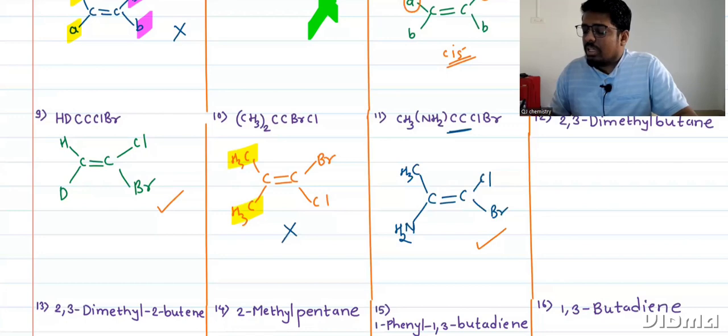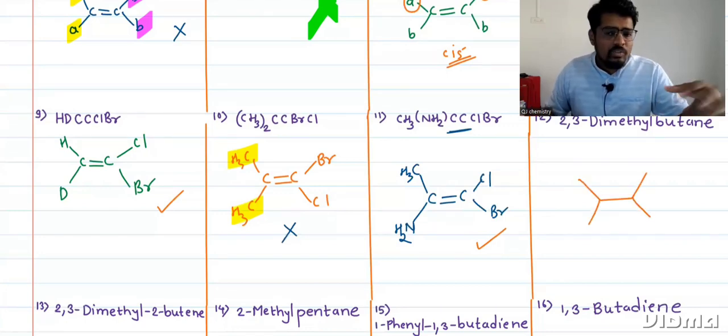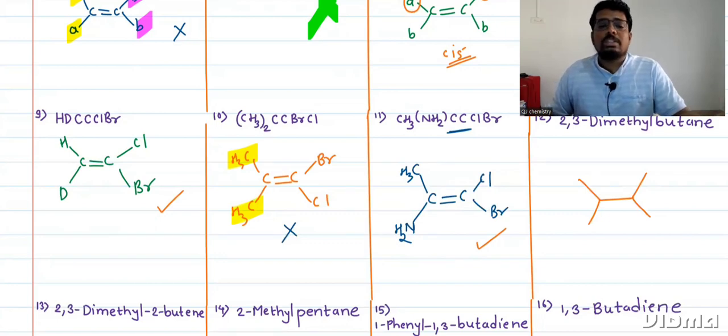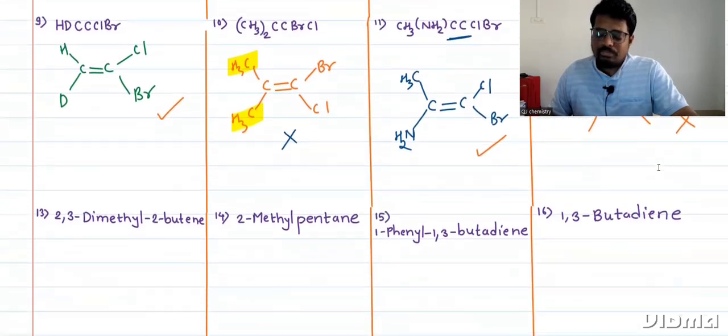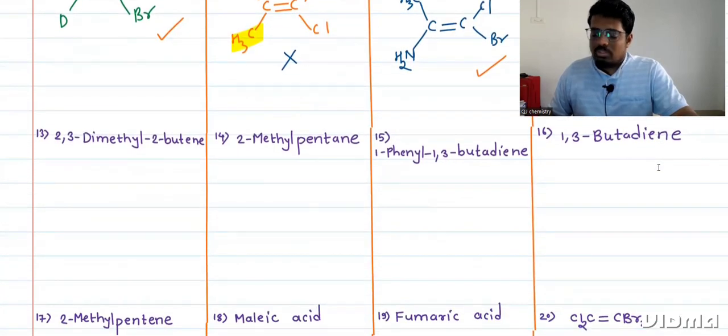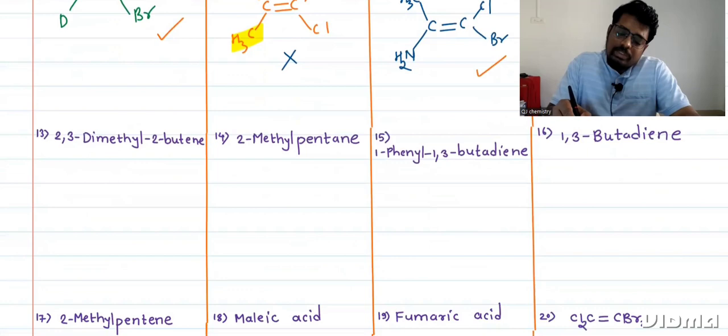Next, 2,3-dimethyl butane. So we have butane, and 2,3-dimethyl. In butane, the alkane part, there is no restricted rotation. No geometrical isomer is possible for the alkane part, right? Yes. Next is question number 13. In 13, 2,3-dimethyl butane.